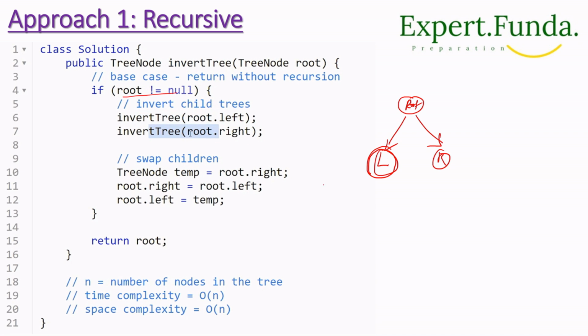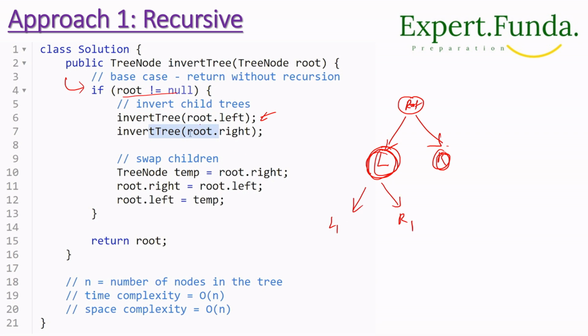So think, if this is a value and this is a null, let's suppose. What will happen, we will call invert again, so this rule will apply again. This time for this left one, when we come here, this is the root of left, not null, so we will apply this again, and its children will get added again.